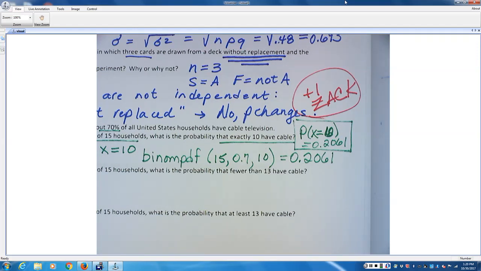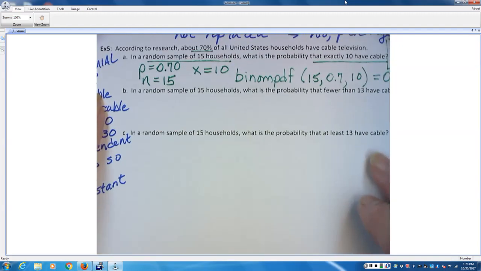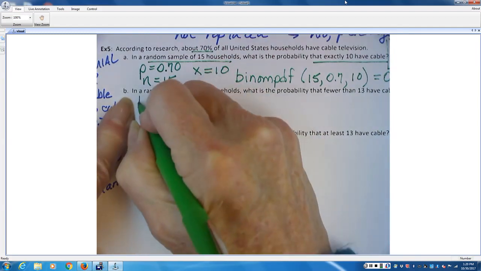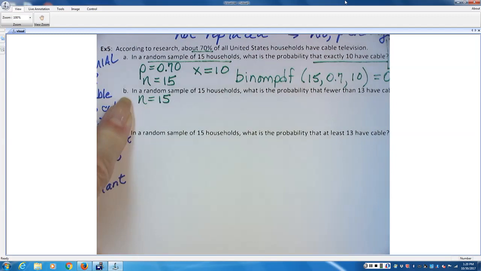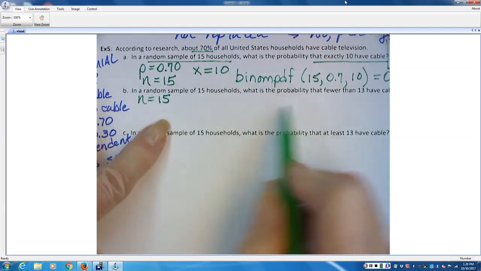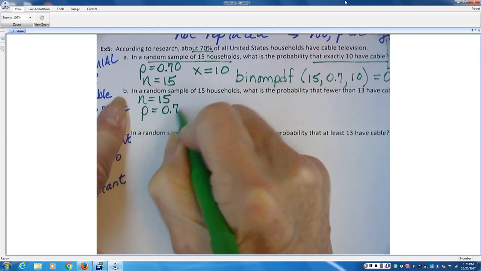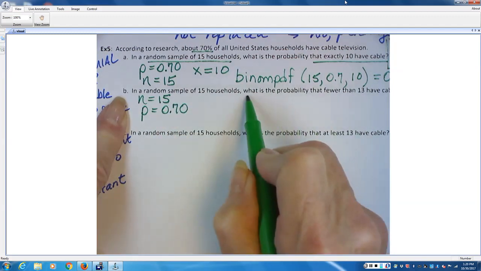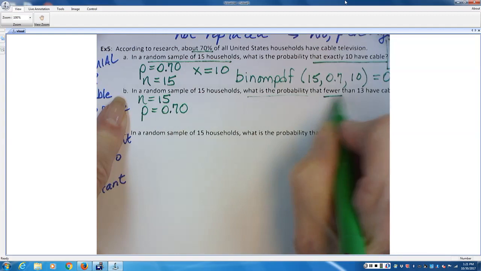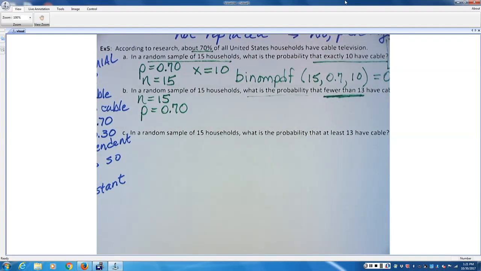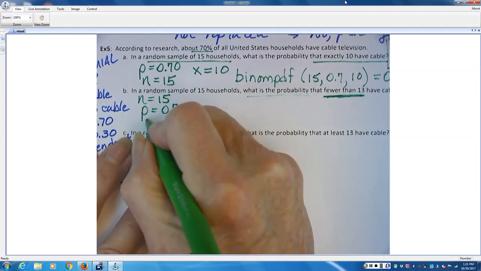Now for the next one, still talking about the same situation. In a sample of 15 households, and apparently P is still going to be the same, what is the probability that fewer than 13 have cable? What are the values of X?